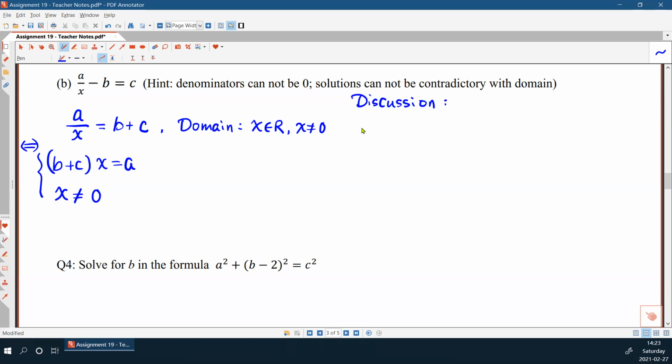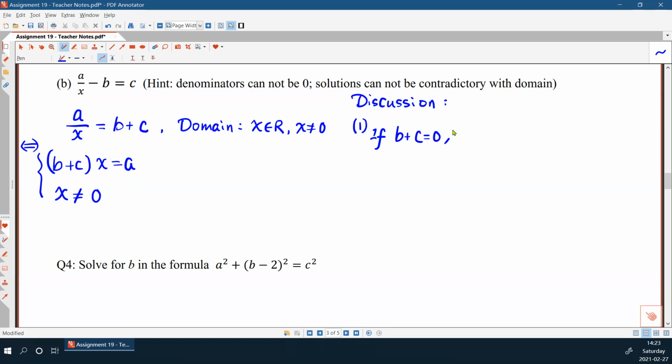So first of all, if b plus c is 0, what will happen? If b plus c is 0, you cannot use it as denominator, right? So the solution depends on the right-hand side.